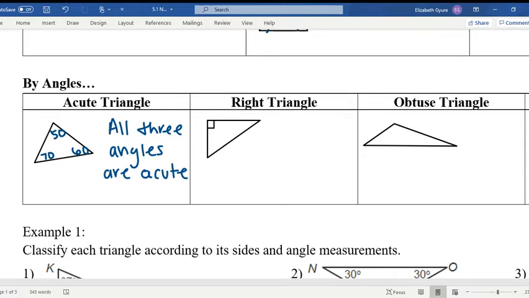If you have two right angles, isn't that already 180? There's no way, and try to visualize that. If you have two right angles, a triangle shape just isn't going to happen. It won't close properly. So a right triangle is just going to have one right angle. And that will either be labeled with a 90 or the box to indicate that it's right.